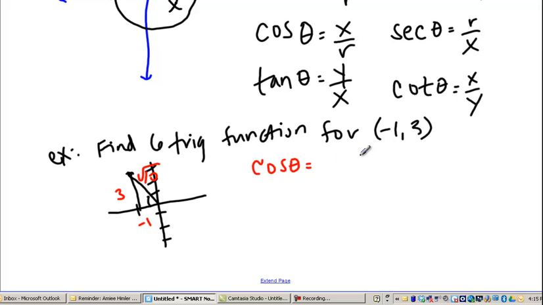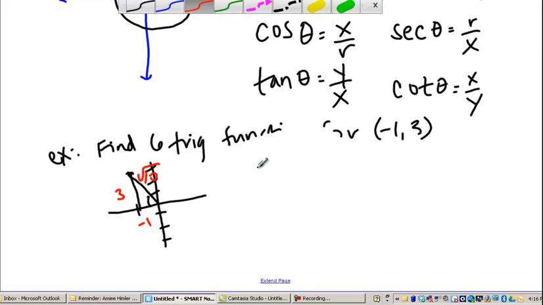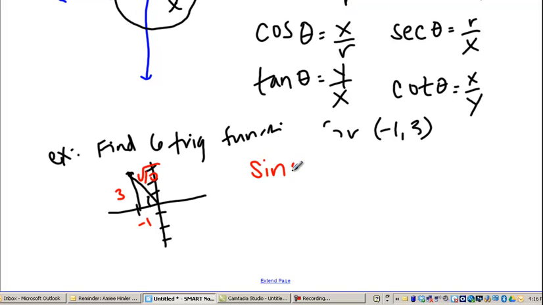So we got sine of theta should be 3 over square root of 10. Cosecant, square root of 10 over 3.